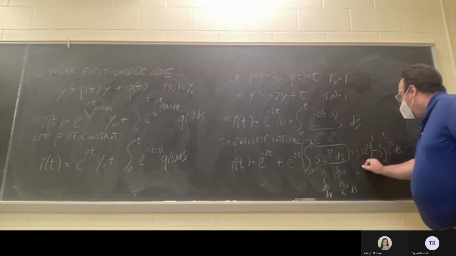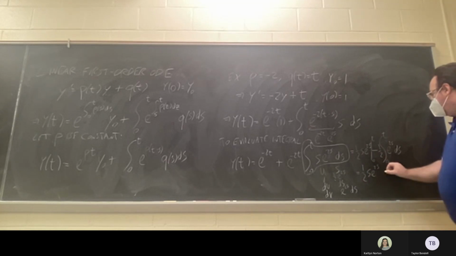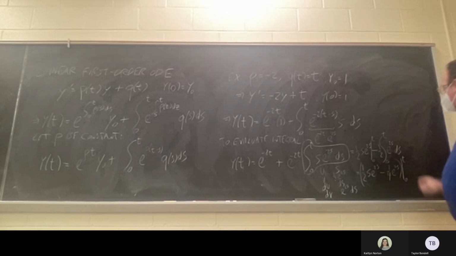So now I have 1/2 s e to the 2s minus 1/4 e to the 2s with limits 0 and t. Now, in my head, I'm going to take the derivative of what I just wrote there, just to make dang sure that it's correct.